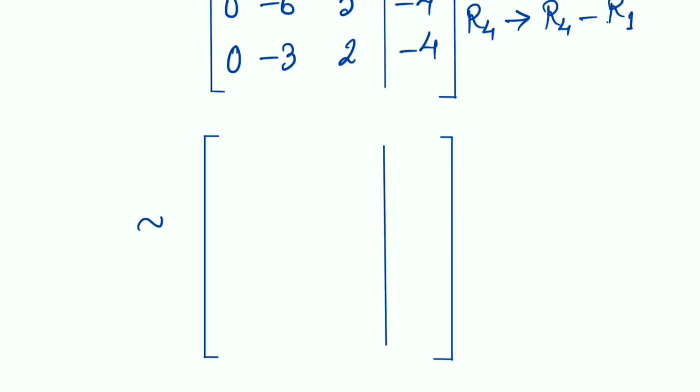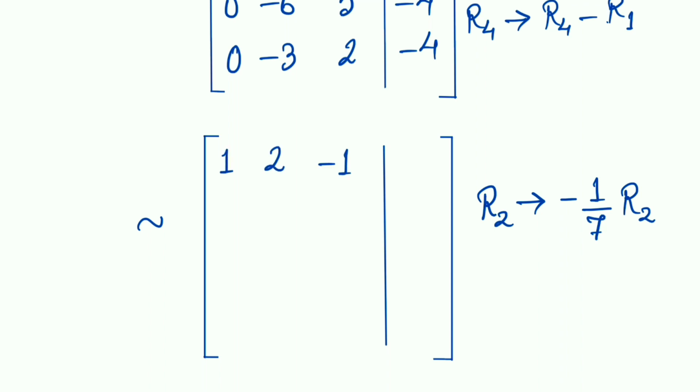Now, in the next step, we will try to make the leading elements 1 to convert it to echelon form. So, we will do operations again in row 2. What we will do? We will do scalar multiplication of row 2 by minus 1 by 7. So, we will multiply throughout by minus 1 by 7 in row 2. Row 1 will be same. Row 1 will not change.